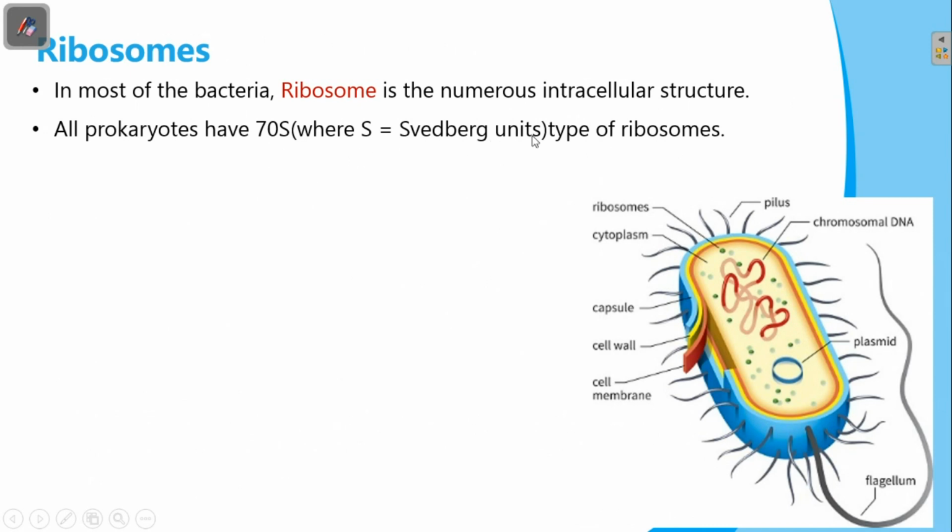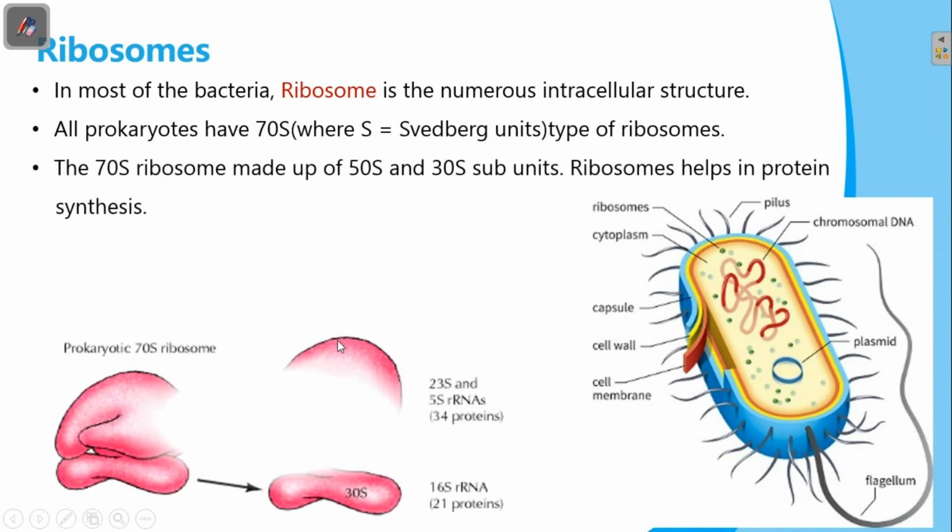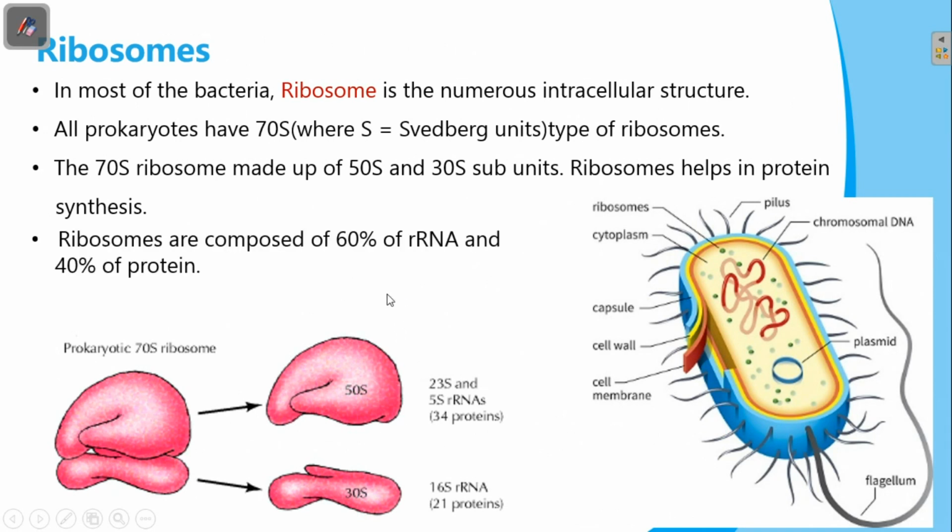Here S means Svedberg units. These 70S ribosomes are made up of two subunits, 50S and 30S. These ribosomes help in protein synthesis. The ribosomes are composed of 60% rRNA and 40% protein. Some ribosomes form groups, which are called polysomes.